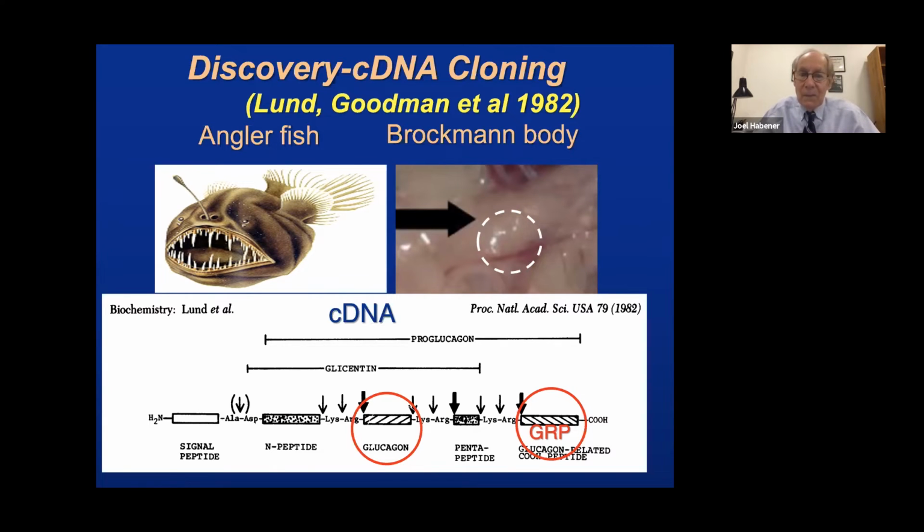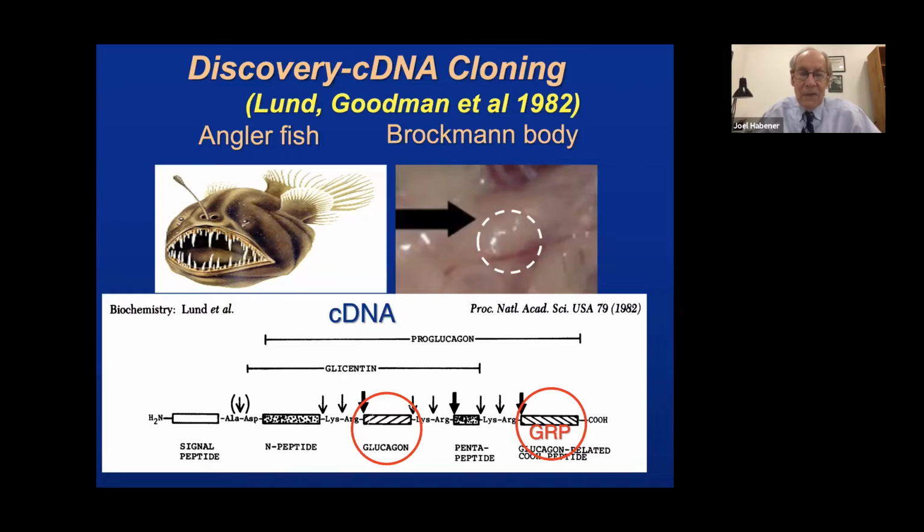And the reason we used the anglerfish as our first model to isolate the RNAs and make cDNAs from the pancreatic islets was because there had been a moratorium declared on recombinant DNA research in Cambridge, adjacent to Boston.